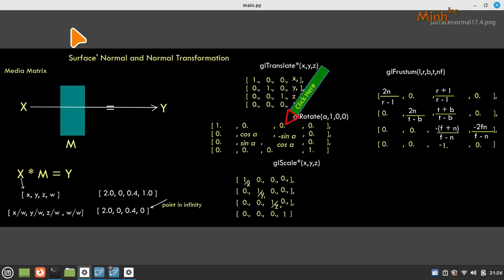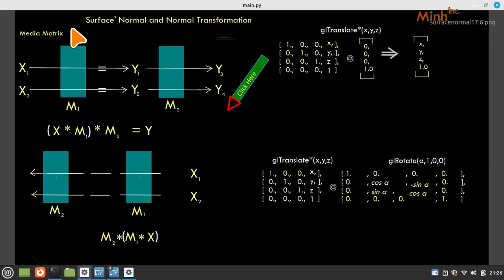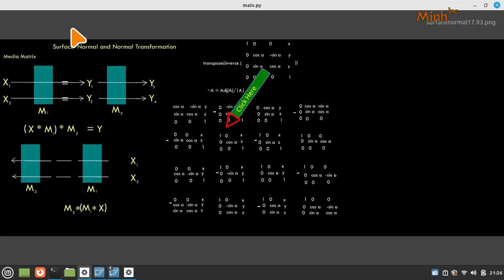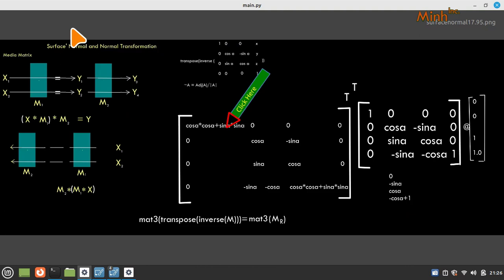So first 3 row and 3 column are unaffected by translation. They are modified only if we do the rotation. Okay, if that is true, then whatever the transformation we do on M, same transformation we can do on normal, if I take out only the first 3 row and column.